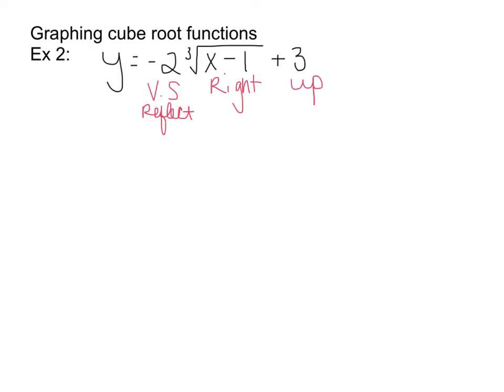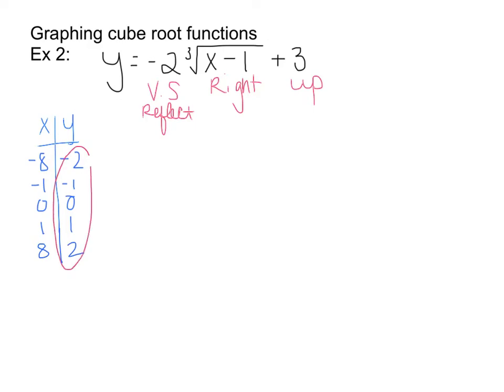Since I have a vertical stretch, I need to make my table of values. Start with your -8, -2, -1, -1, 0, 0, 1, 1, and lastly 8, 2. I need to multiply them by what a is, so in this scenario, you're going to multiply by -2.